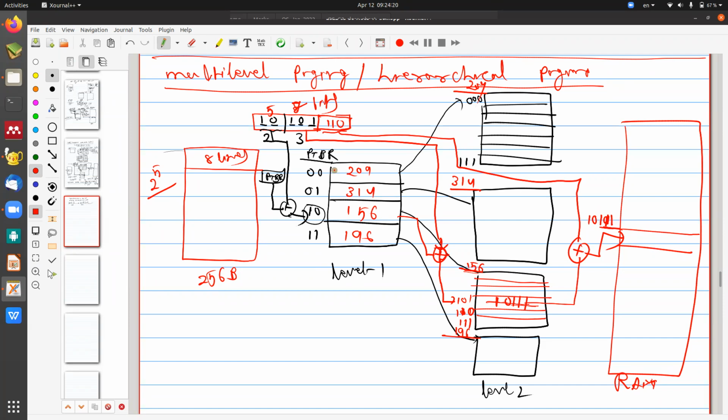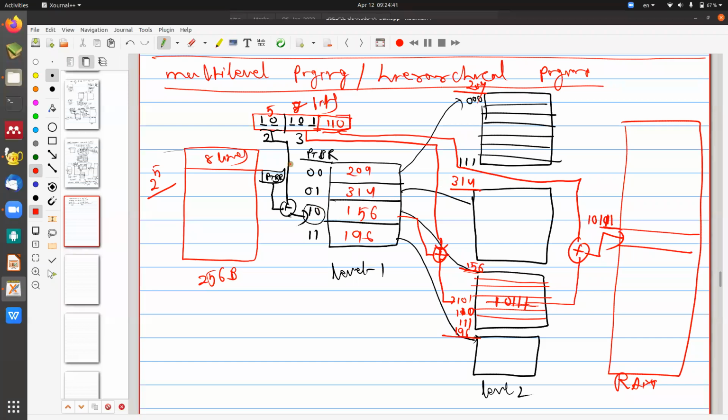Then for the first level page table, only one page table will be present, but corresponding to each entry, a second level page table is present or not. And in the second level page table, the offset becomes 3 bits. If it is 3 bits, how many entries are present? Total 8 entries will be present.